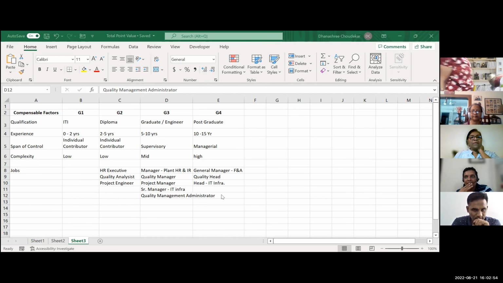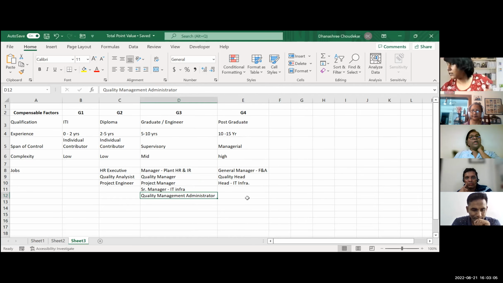Okay, so you have said grade 1, grade 2, grade 3, grade 4, grade 1 being the lowest, grade 4 being the highest. Now you have identified compensable factors, step 1. Then you have determined the number of grades, step 2. Then you have written descriptors for all those compensable factors. Now you have taken 10 positions.